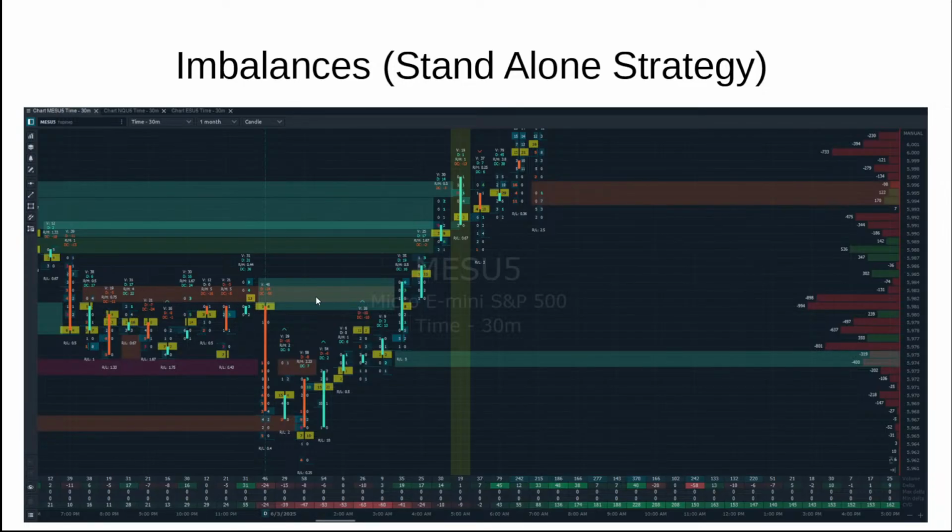This is a good thing to notice right here. We created a red imbalance right here that went across, but it's in the middle of a trend, right? Or almost at the end of this downward move. And then from here, we came back up to that level, and we sold off from there.